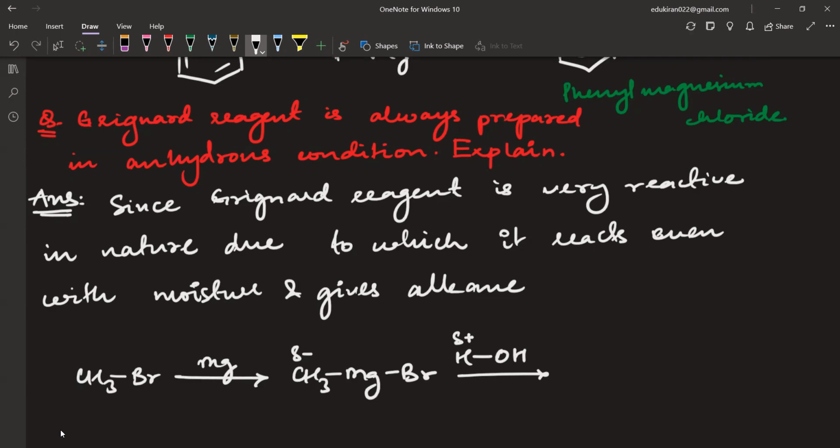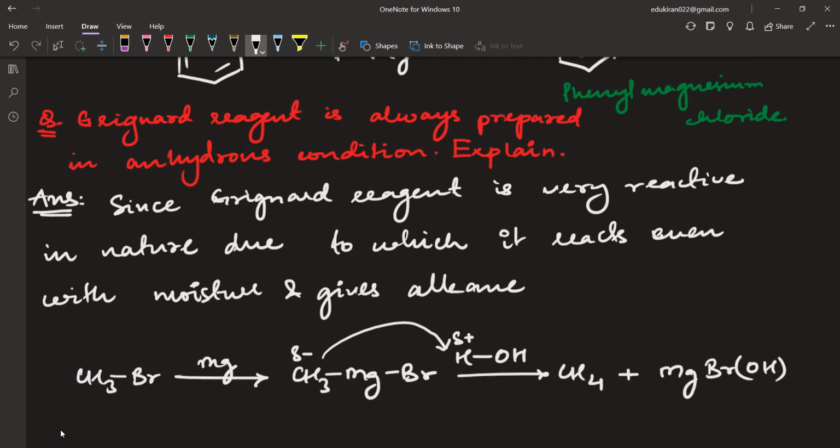This CH3 negative will quickly attack here. The bond between CH3 and Mg will break and you will form CH3H, which is CH4, methane, plus magnesium bromide and hydroxide.